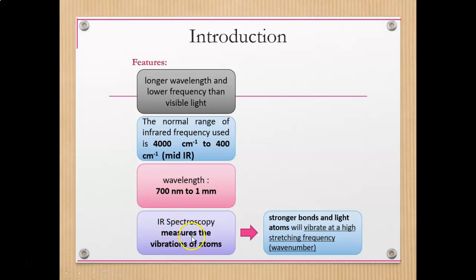So IR spectroscopy measures the vibration of the atom. Stronger bond and lighter atom will vibrate at a higher stretching frequency wave number. It means that when the infrared light passes through the sample, the bond in the sample will vibrate at its own stretching frequency.